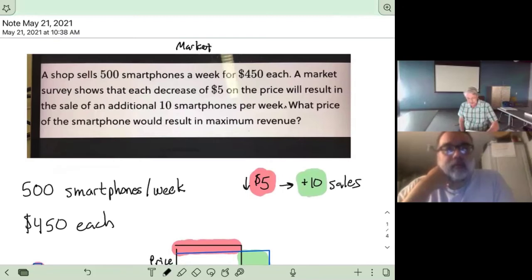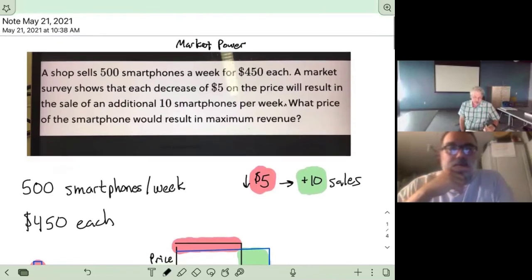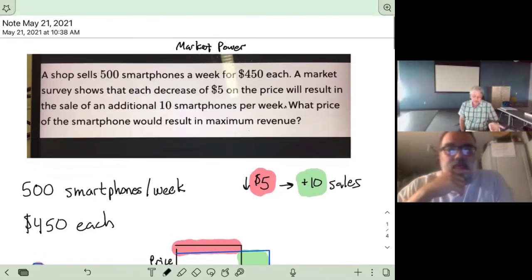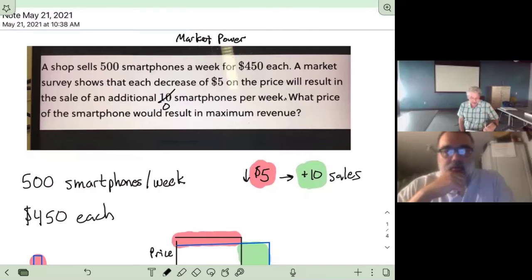It's not a competitive market the same way that selling corn or soybeans would be. If you were modeling selling soybeans, you can lower the price all you want, and if you raise the price, you would not gain anything at all.